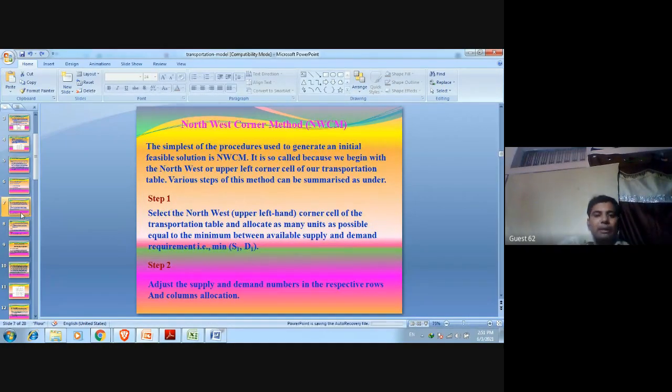The simplest procedure used to generate an initial feasible solution is NWCM. So select the northwest, upper left-hand corner cell of the transportation table and allocate as many units as possible, equal to the minimum between available supply and demand requirement. It means we have to allocate that unit which is minimum between the demand and supply.